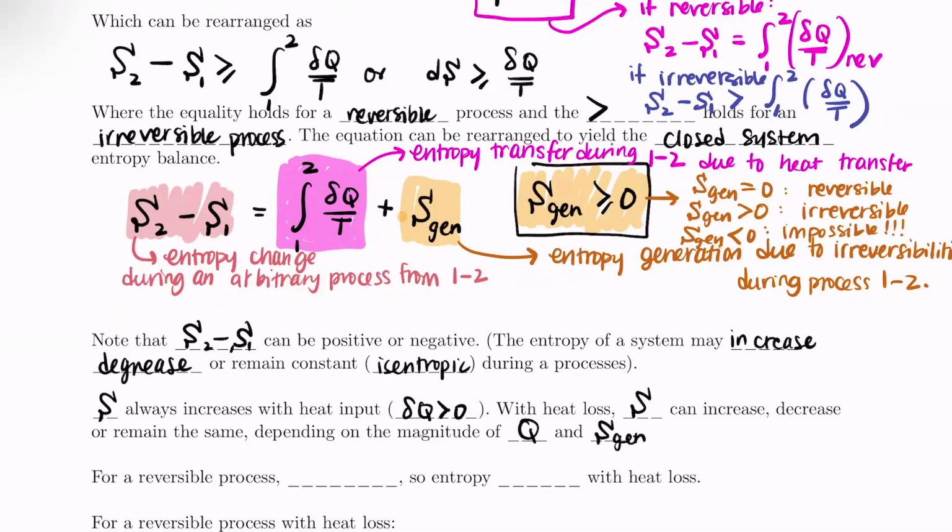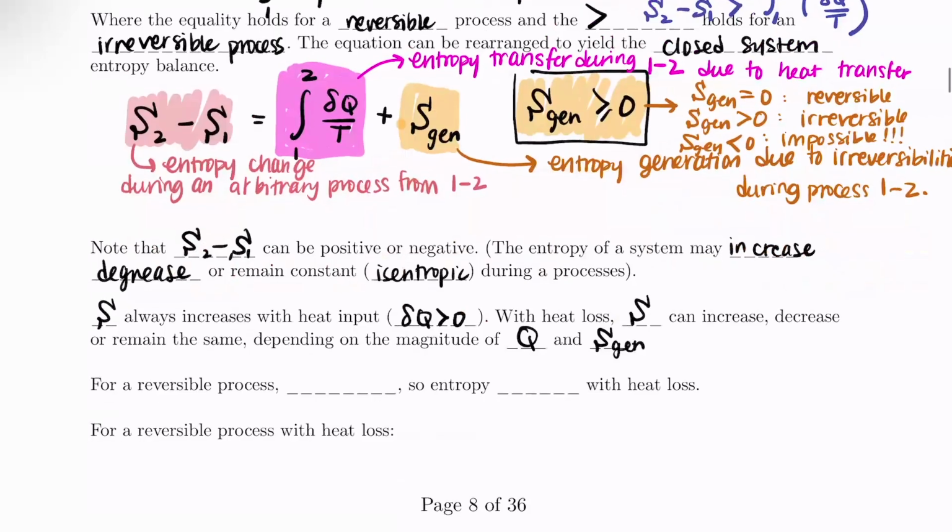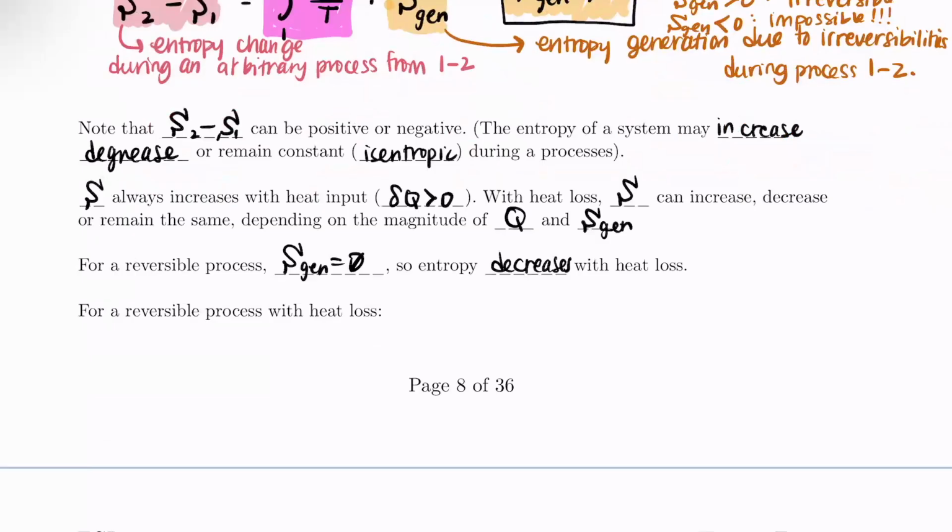For a reversible process with heat loss, I'm sorry, for a reversible process, S gen is equal to 0. So that means entropy decreases with heat loss. All right. If we have a reversible process with heat loss, then we have S2 minus S1 is equal to the integral from 1 to 2 of delta Q over T plus S gen.